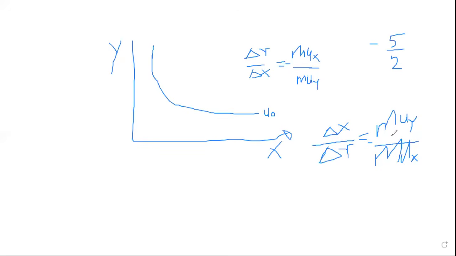Okay, so that is how you get the slope. And note that it's negative because the indifference curve slopes downwards. All right. Okay. Now let's move on.